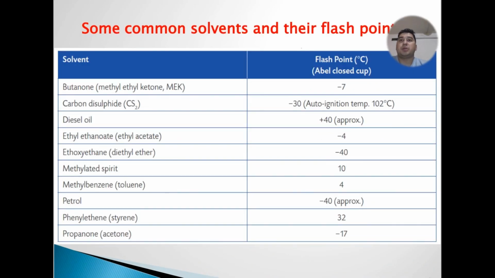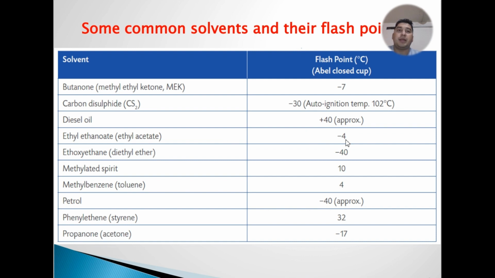Now let's look at some common solvents and their flash points in degrees Celsius. First, butanone: -7 degrees Celsius. Carbon disulfide: -30 degrees Celsius, with an auto-ignition temperature of 102 degrees Celsius. Diesel oil: +40 degrees Celsius.